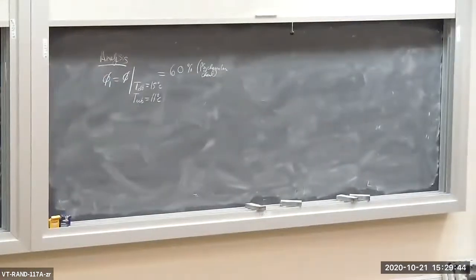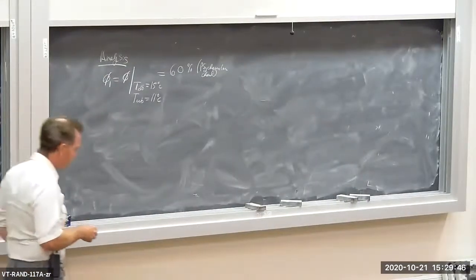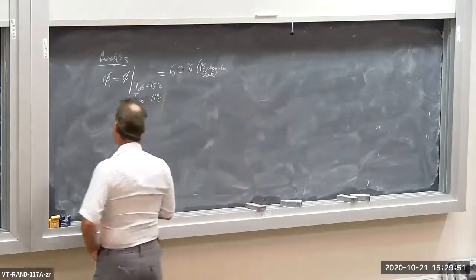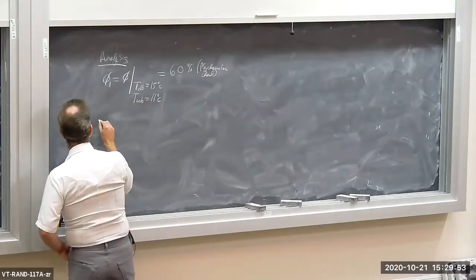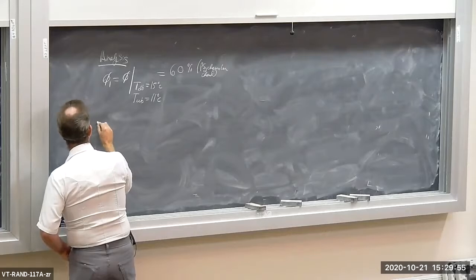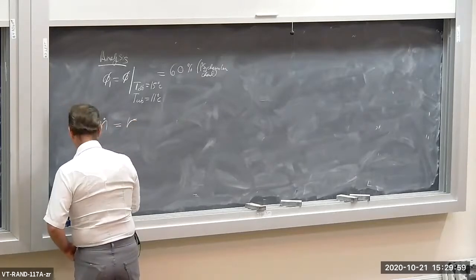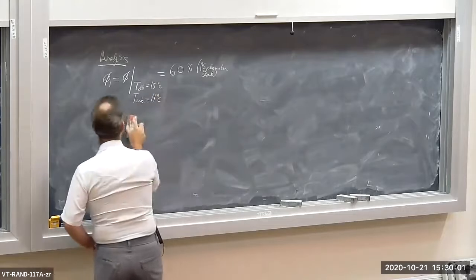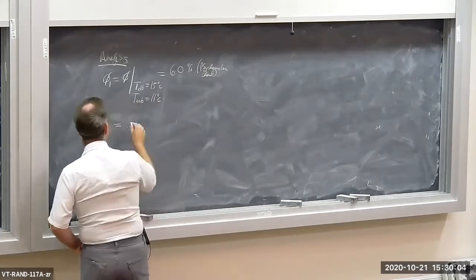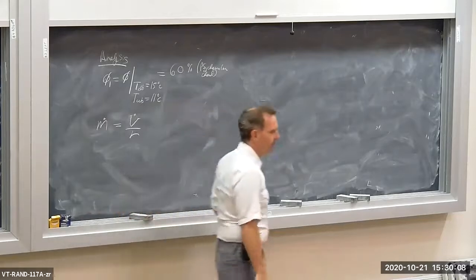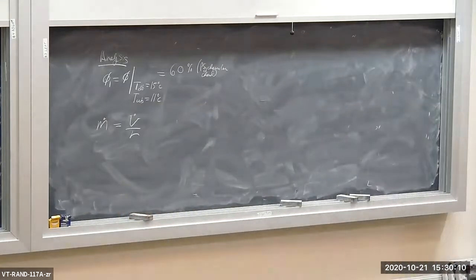Okay, so let's calculate m dot for the dry air. Well, I do have the volume flow rate. Notice in general, m dot is equal to a volume flow rate, V dot, divided by a specific volume. Specific volume is cubic meters per kilogram.